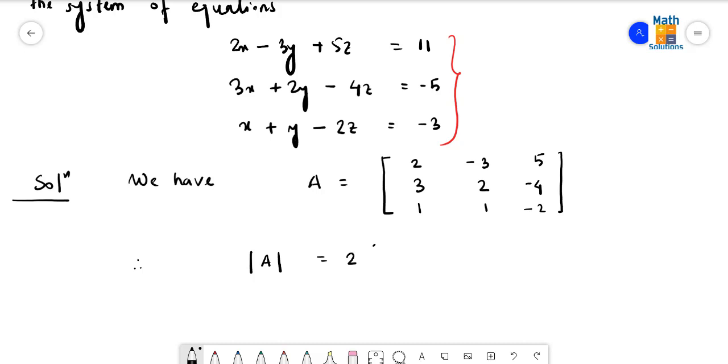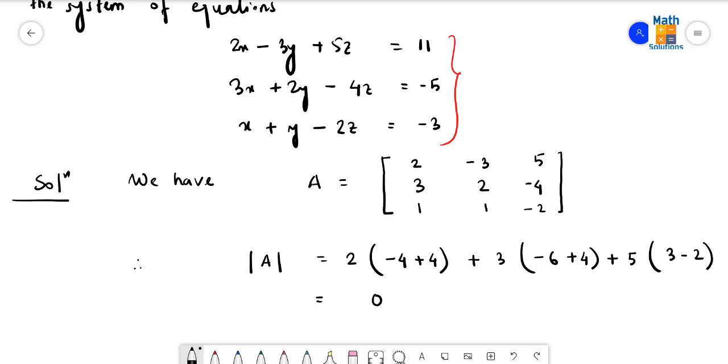2 into, this will be minus 4 plus 4, then after minus minus plus 3, then after minus 6 plus 4, plus 5, then 3 minus 2. So what did I get here? This will of course be 0.